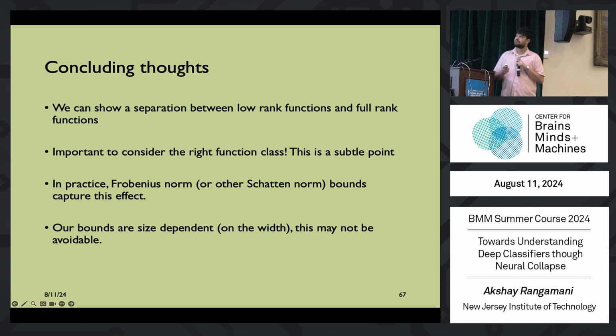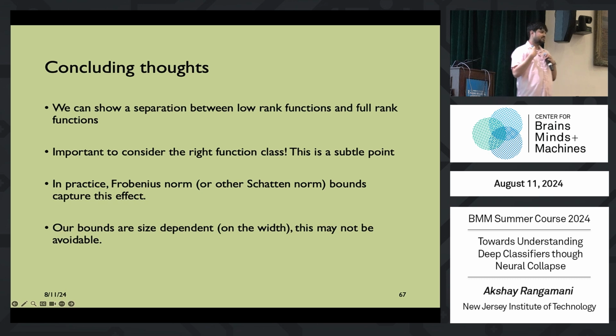All right, so I'll wrap up here. The message I want you to take away is that you can show a separation between low rank functions and full rank functions, but in order to show that, you need to look at the right function class, and this can be a little bit of a subtle point.